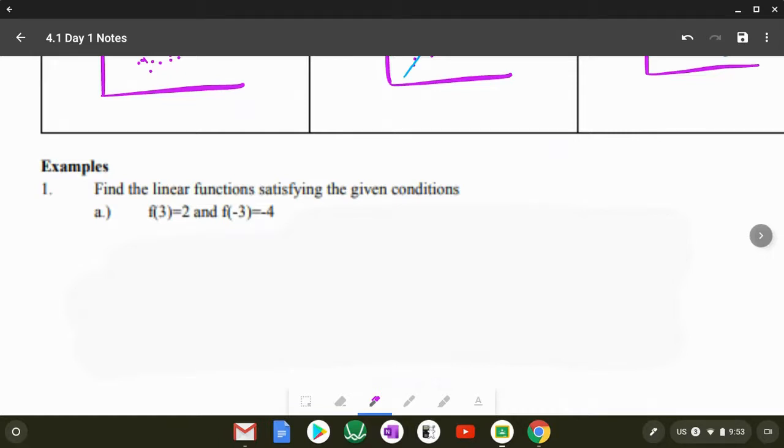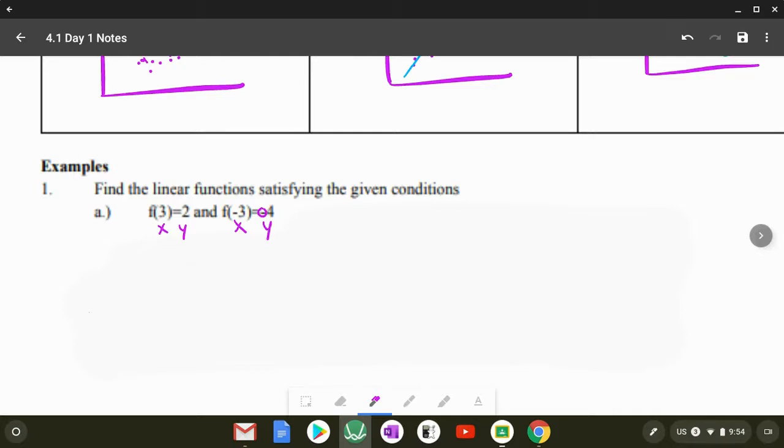Well, we already know that our function notation tells us if f of 3 equals 2, that tells us that at the point x, the y value is going to be 2. And then the second function notation tells us another point, that at the point x is negative 3, it will have a y coordinate of negative 4. Be careful. It's a little tight there, but there is a negative there.